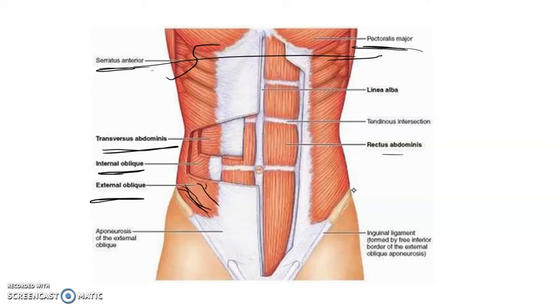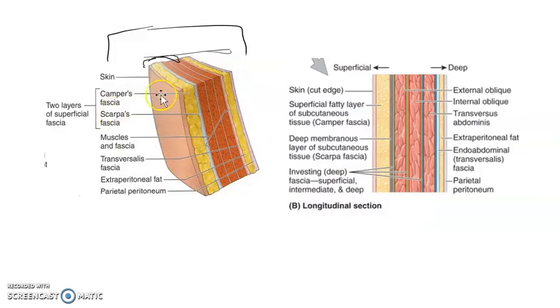So if you cut just underneath, as you can see, we're moving just down from the external oblique into the internal oblique. The only thing really separating these two is a very thin membrane called the investing fascia. There'd be the superficial, intermediate, and deep.